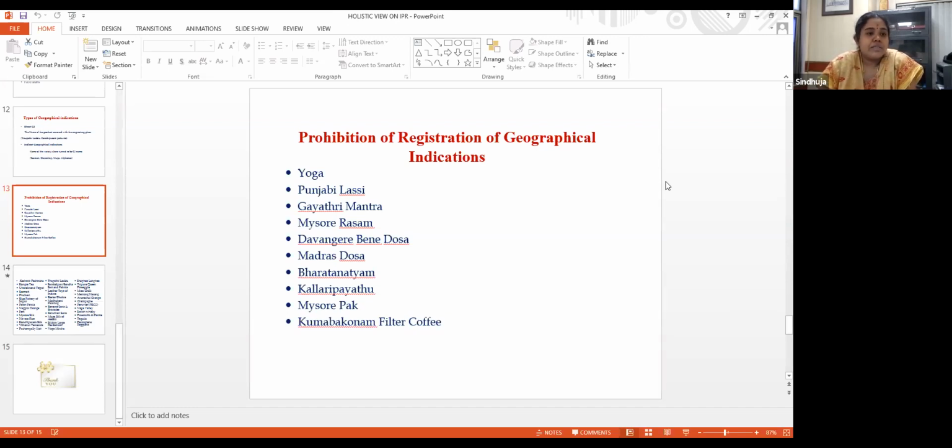A GI is not just given; it is analyzed and estimated by a team of experts, and then only a GI is given. So those qualities shall not be diluted by any external person. For that reason, he has to be involved in the association of persons. Then only he would be given authorized user status, and then he is a part of the users of that GI.